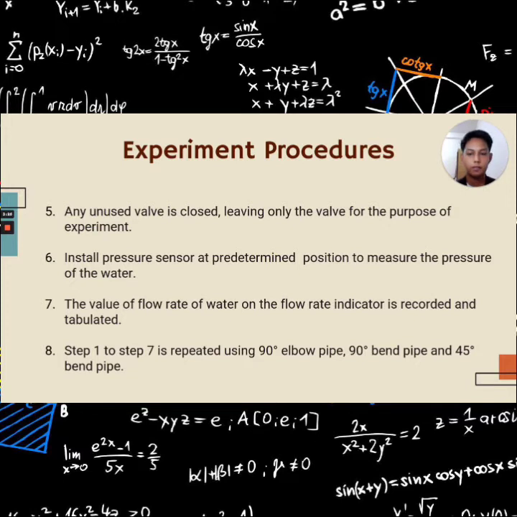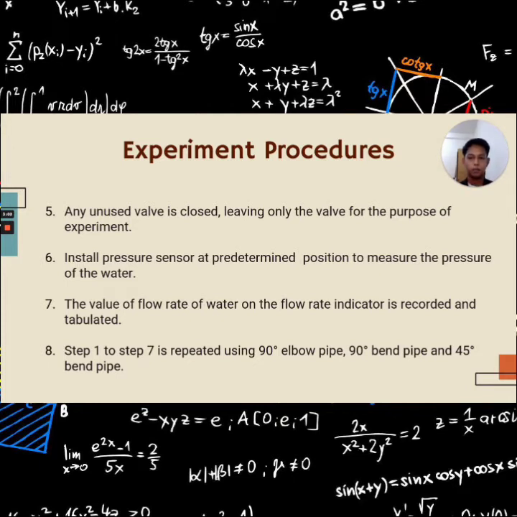Any unused valve we will close, and we will leave only the valves for the purpose of the experiment. Next, we will install the pressure sensor at a predetermined position to measure the pressure of the water.